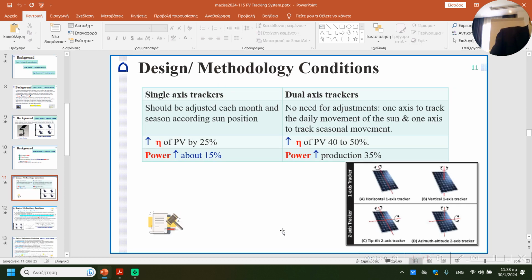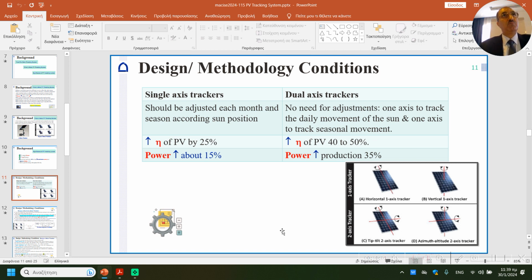The difference between the single and the dual tracking system is that the single one should be adjusted each month and season in order to gain more efficiency. It will increase the efficiency by about 25%, and it will increase the power output by 15%. While the dual axis tracking system doesn't need any adjustment.